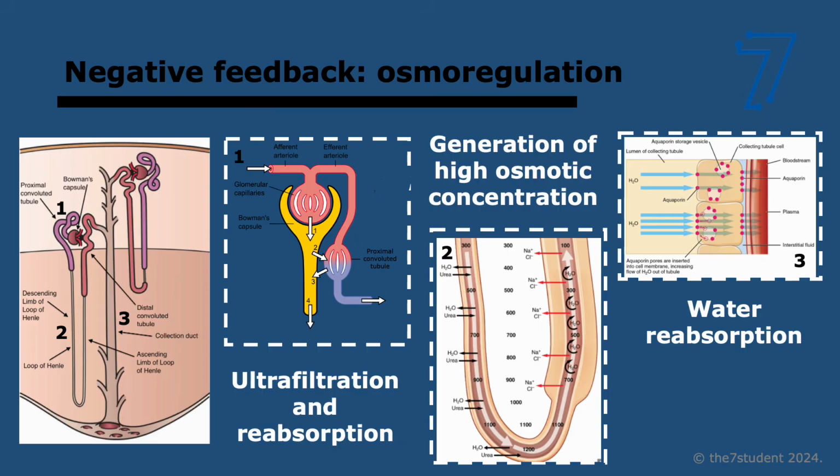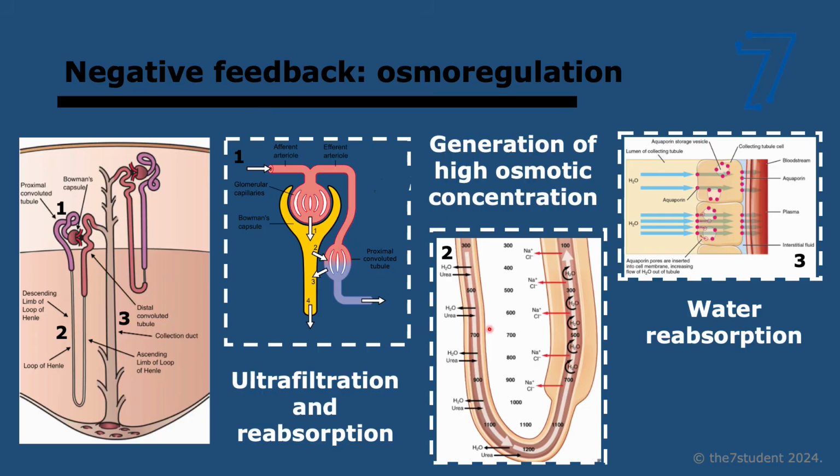What ADH does is insert aquaporins into the collecting duct. So here, on the collecting duct, if you have ADH, you're going to have aquaporins here, so more water is reabsorbed. But remember, this water is reabsorbed via osmosis, and that's why this gradient is important, okay?